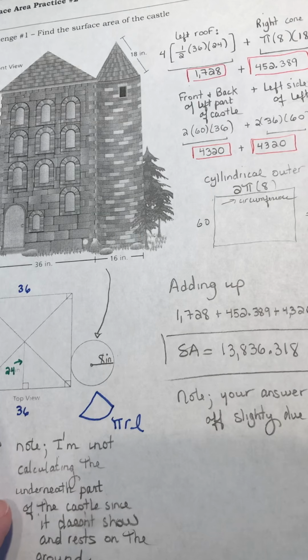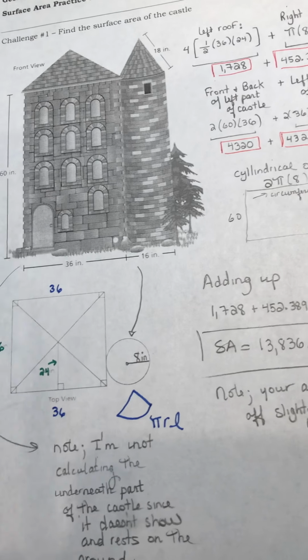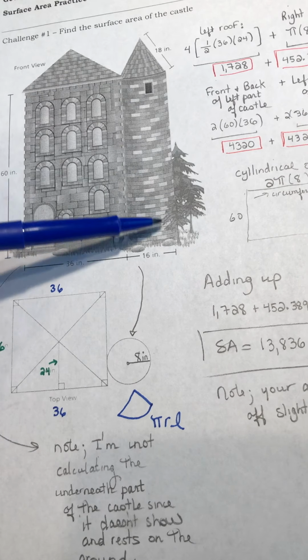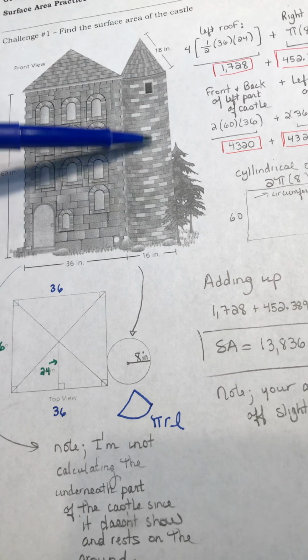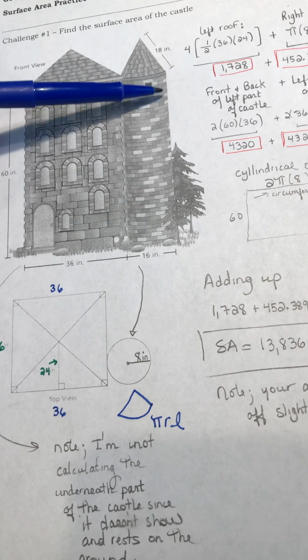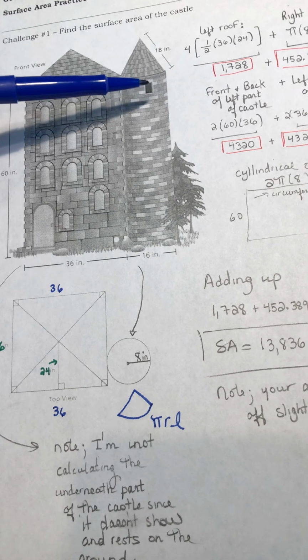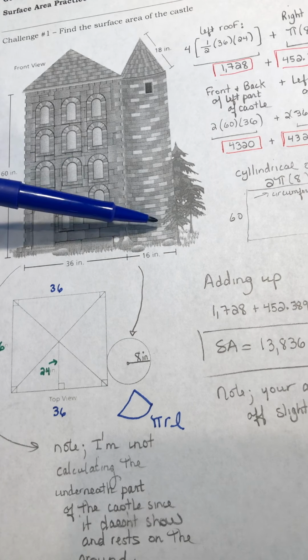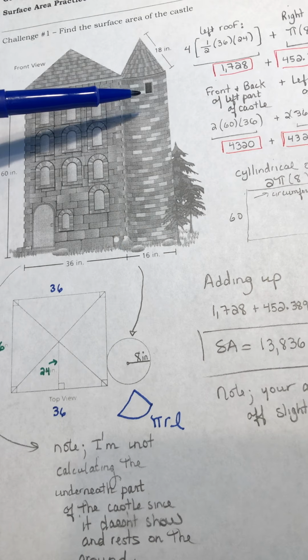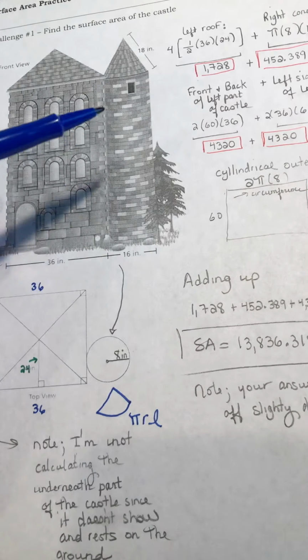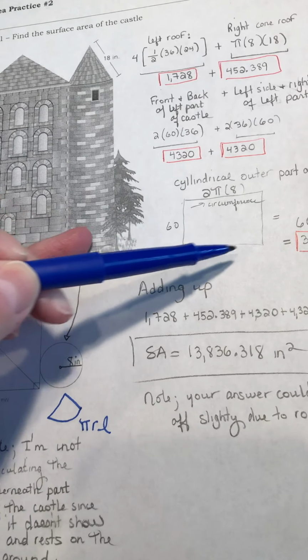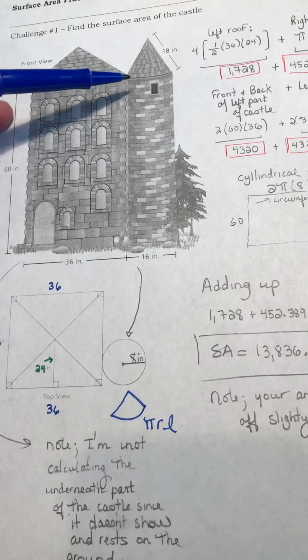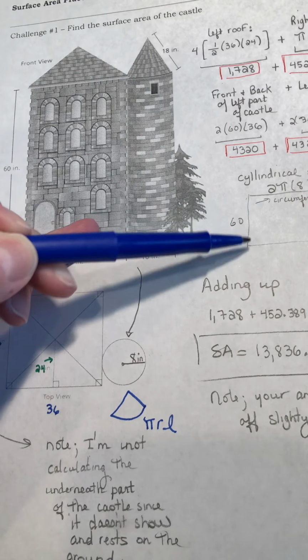Okay, now the only other thing we have to do is unravel this cylinder part, this lateral part of the cylinder. Remember we said in the last video, if I unwrap this part of a cylinder, I actually get a rectangle. So unwrapping this looks like this. I have a height of 60, right?